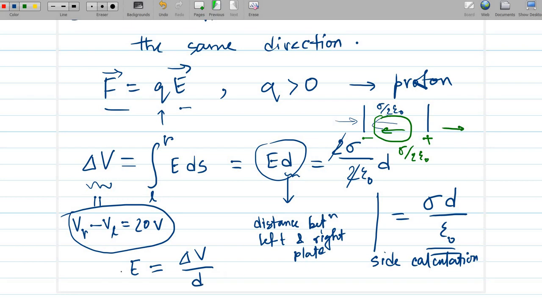And if you multiply by Q, E is the charge of the proton on both sides, then we have the force, right? And if you divide everything by the mass of the proton, then you get the acceleration. So that's the acceleration. Okay, notice everything is constant here, right?